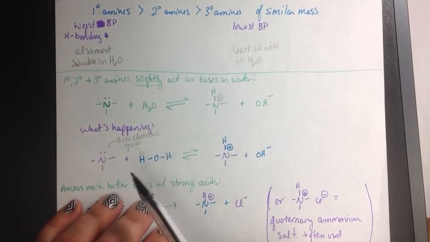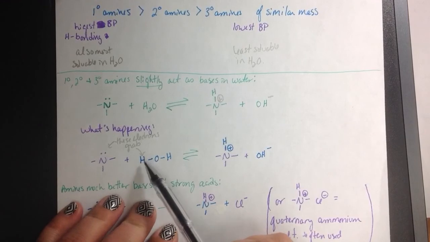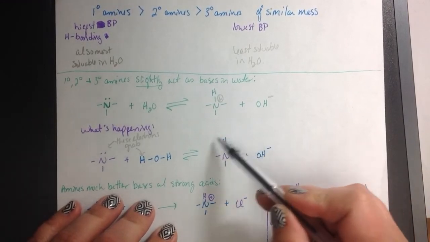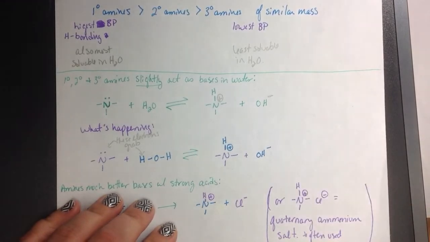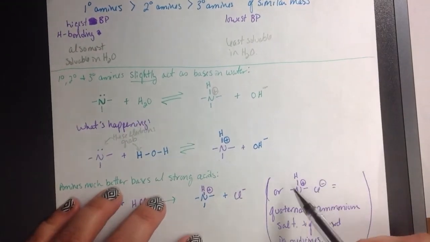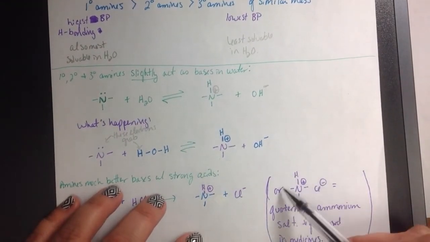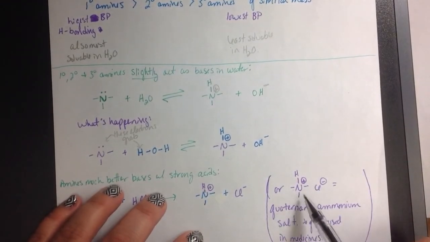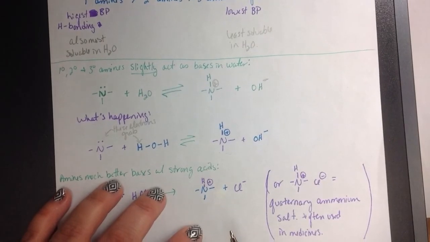Here's another way of looking at that. These electrons grab this hydrogen. And that's how I know that that positive charge exists and that negative charge exists. So when we have something like that with a positive charge in there, that's actually a quaternary nitrogen. So we refer to this as a quaternary ammonium salt.